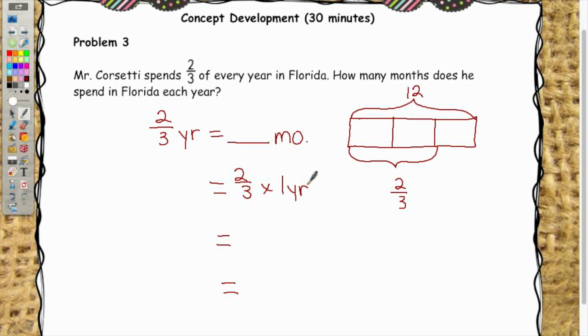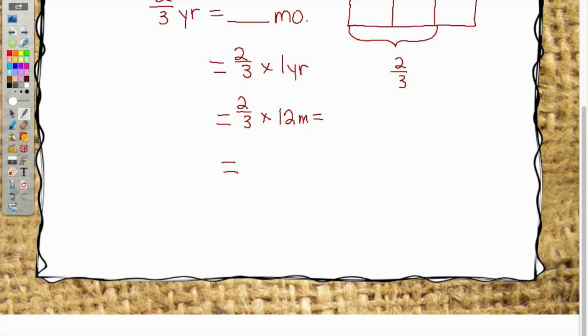The next one, I convert from years to months. So 2/3 times 12 months. Okay, how do I write this problem? 2 times 12 divided by 3.